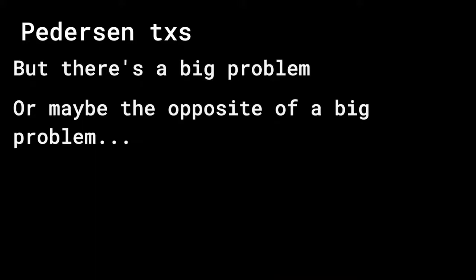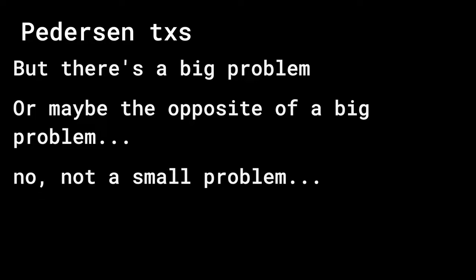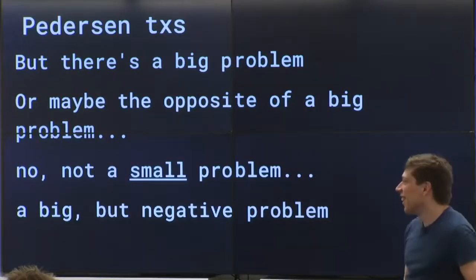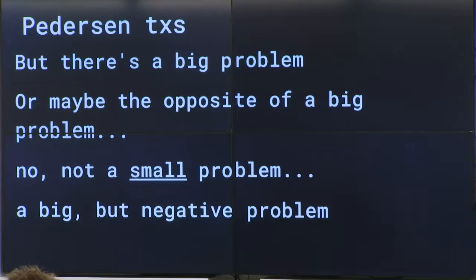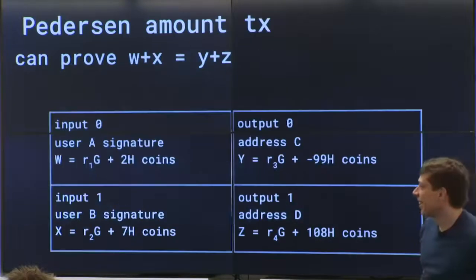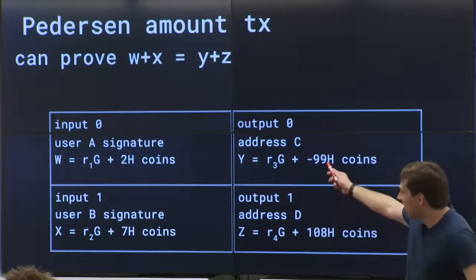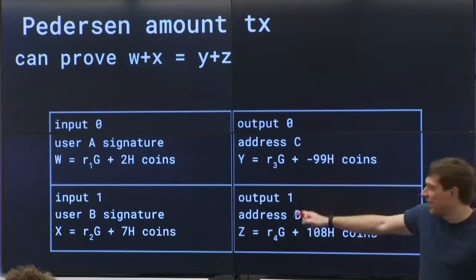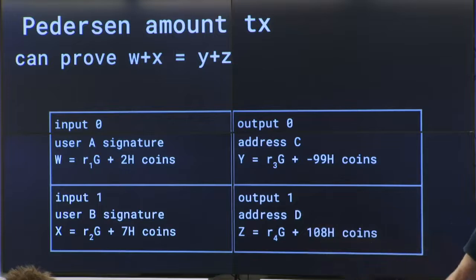It's a big problem, or in some ways the opposite of a big problem. Not a small problem. Big negative problem. You can basically commit to negative values, right? So I just send negative 99 coins here, positive 108 coins here.